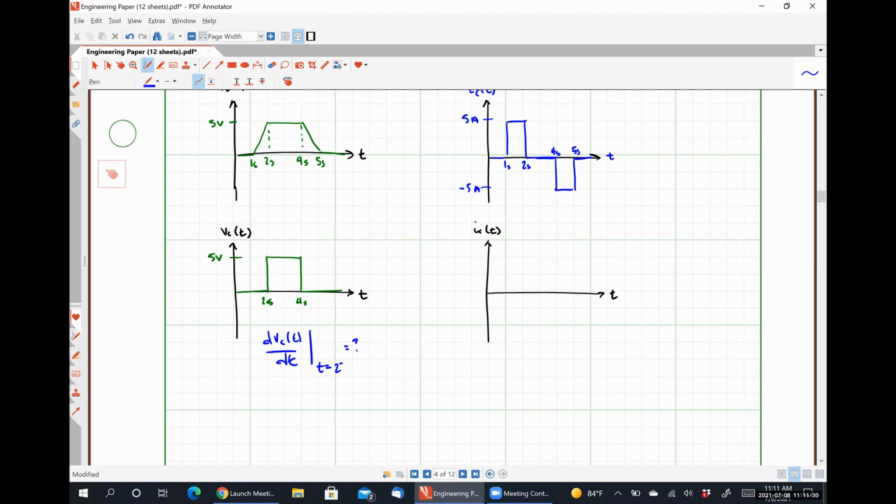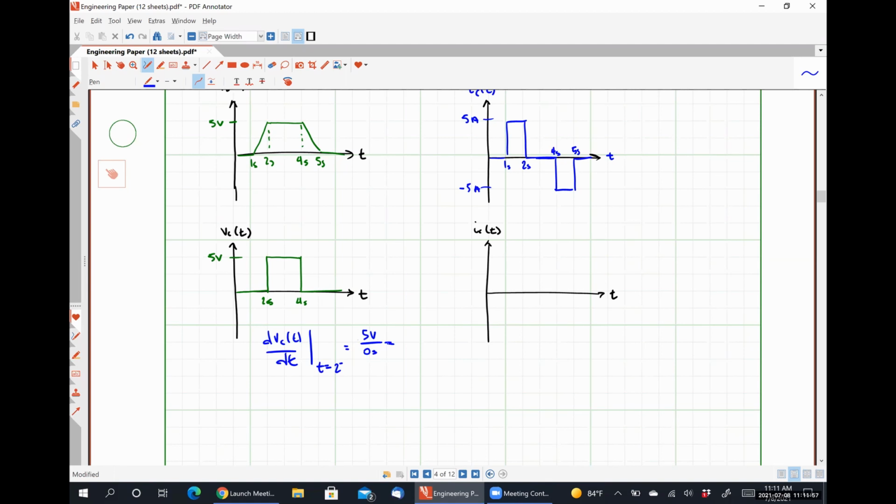Should just be 0. I disagree. Right? My change in voltage is 5 volts. My change in time is 0 seconds. What's 5 divided by 0? Undefined. Undefined, technically, sure.